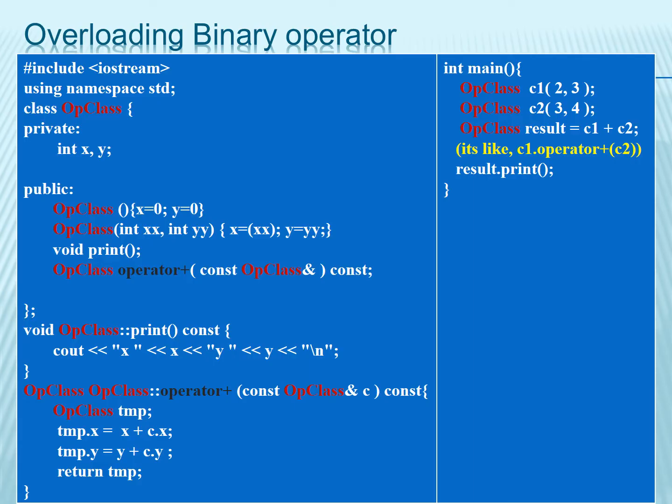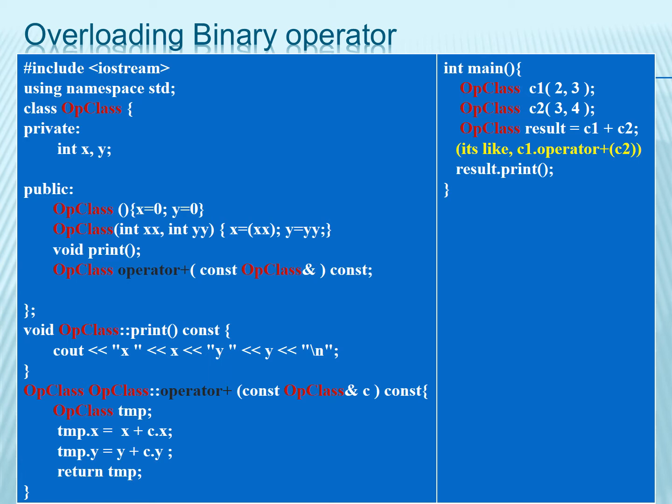Here is an example of binary operator overloading in C++. The example consists of the OP class, which defines the overloaded plus operator function, operator plus, which has the argument of an object of OP class and returns an object of type OP class.